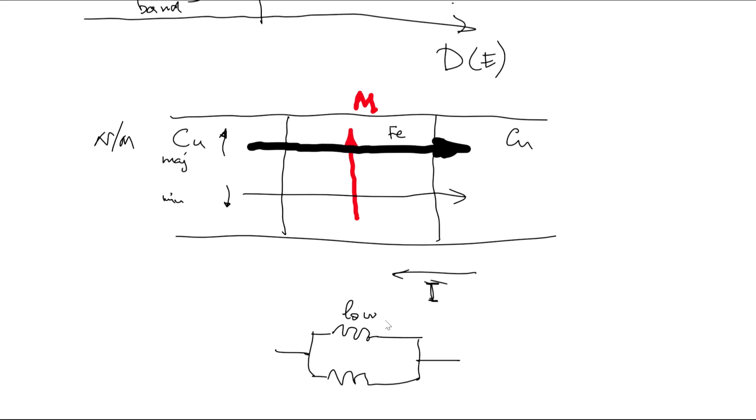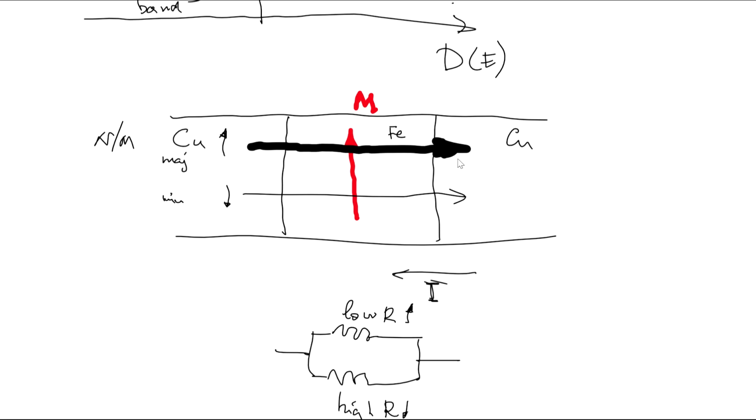So that would be low R for spin up and high R for spin down. What it means is that conductivities in ferromagnetic conductors are different for majority and minority, and there would be more spin up electrons flowing out.